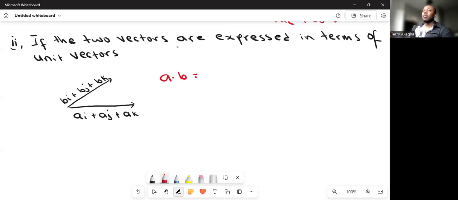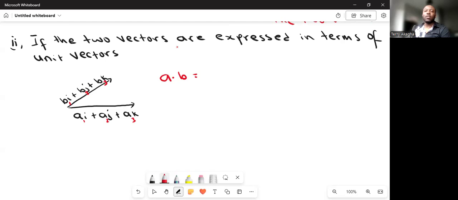A dot B is going to be very simple. Basically, what it means is that we can separate each of these. So I can call this one A1, the j component A2, and this A3. Are you seeing it? I can call this B1, B2, and B3, just to separate the components.